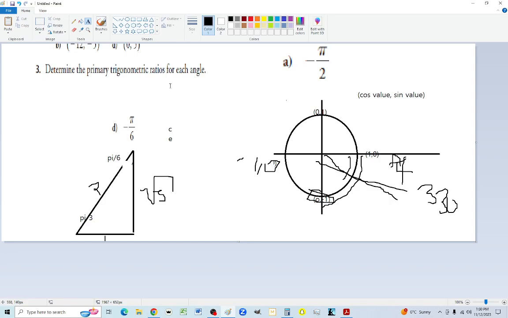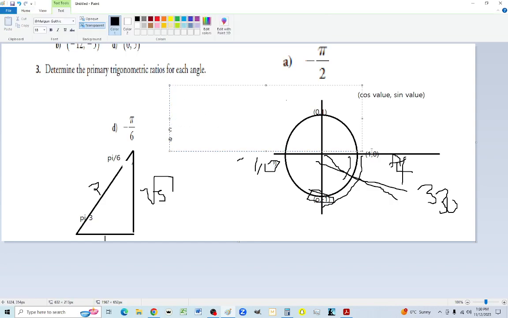So I can just use this and then just apply the positive and negative signs again. And use your SOHCAHTOA. Well, sine is opposite over hypotenuse. So that's sine of negative pi over 6. But because we're in quadrant 4, it's negative. The cosecant of negative pi over 6 is the flip of that. Cosine is the only one that's going to be positive, and that's adjacent over hypotenuse, so square root of 3 over 2.